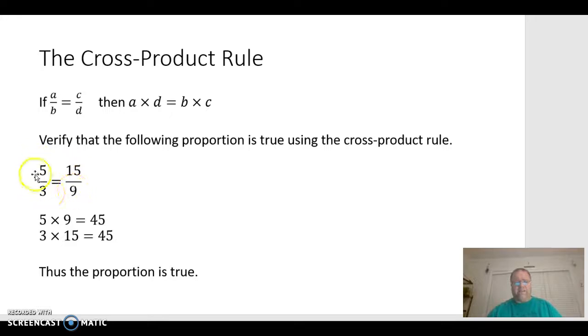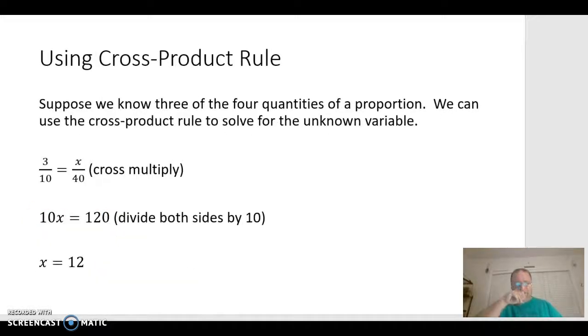If it's not, then this is not a valid proportion, because then those two ratios are not equal. So in this case, 5 times 9 is 45, and 3 times 15 is also 45. Since they're the same quantity when you multiply those diagonals, the proportion is true, and you actually have a proportion.